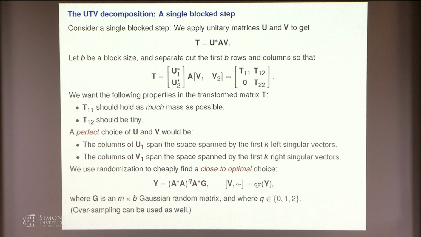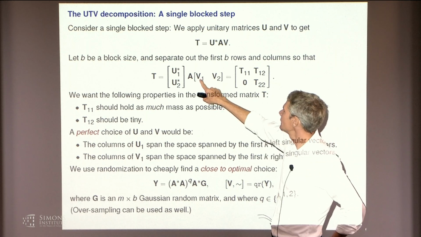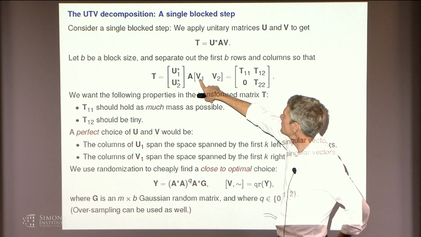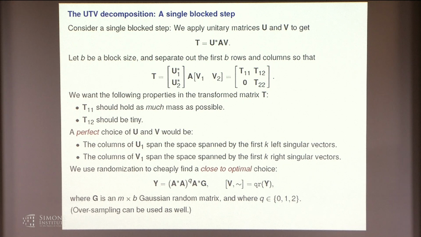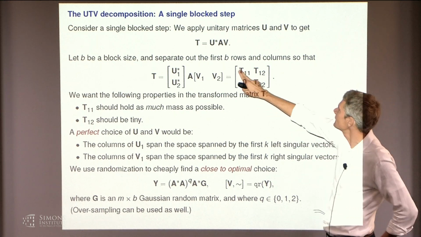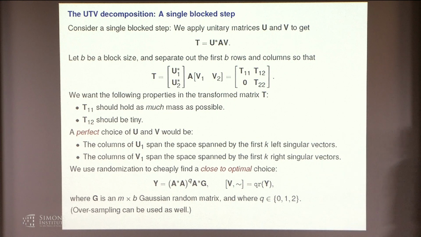The optimal choice would be, if I could hypothetically find a set of B vectors in V1 whose span exactly aligns with the span of the dominant left singular vectors of A, then everything would be perfect. T12 would be exactly 0, and everything would work beautifully.